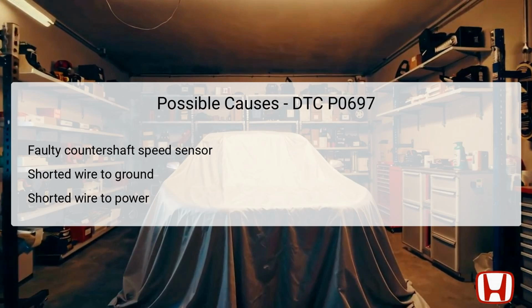Second, a shorted wire to ground in the VCC3 line could prevent the sensor from transmitting the proper signal due to a broken or poorly connected wire, leading to ineffective operations. Third, a shorted wire to power also presents a potential issue that can disrupt the voltage levels and could allow excess voltage to reach the sensor, adversely affecting the TCM's performance.